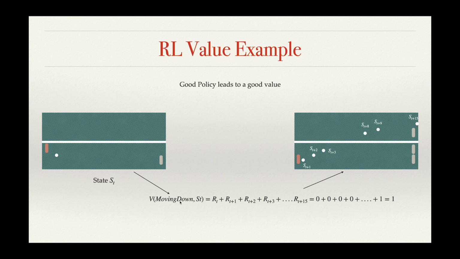So the value of s_t, knowing that this agent has a policy of moving down when it sees this s_t, is equal to the current reward plus the next reward plus the next reward, and everything in between is equal to 0, so it will be 0, 0, 0, 0 plus the 1 at the end. So from this step here, if we have a good value function, it tells me, okay, I know that now you would get at the end a value equal to 1.